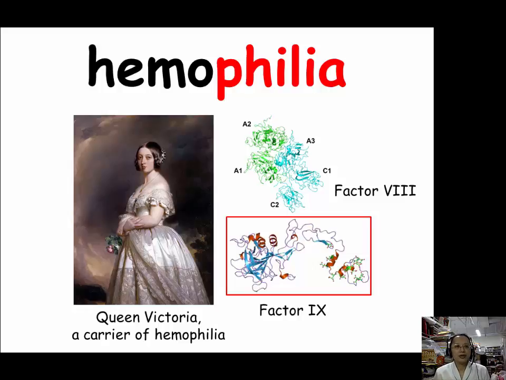And in Russia, the young prince got the hemophilia gene from Queen Victoria's lineage.